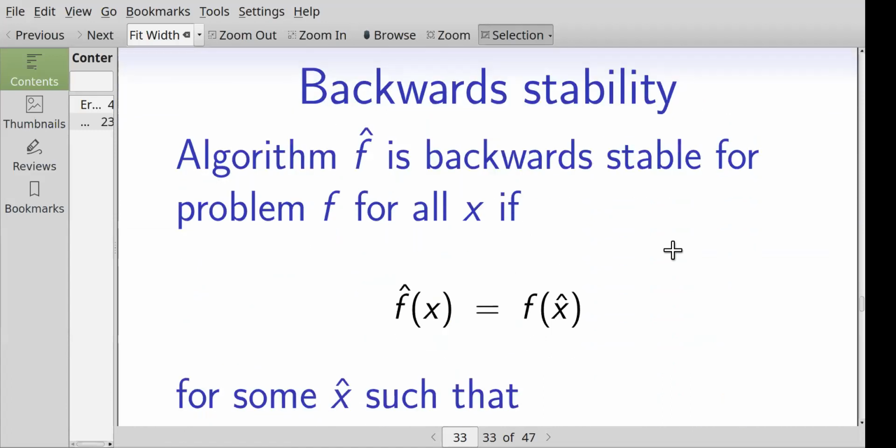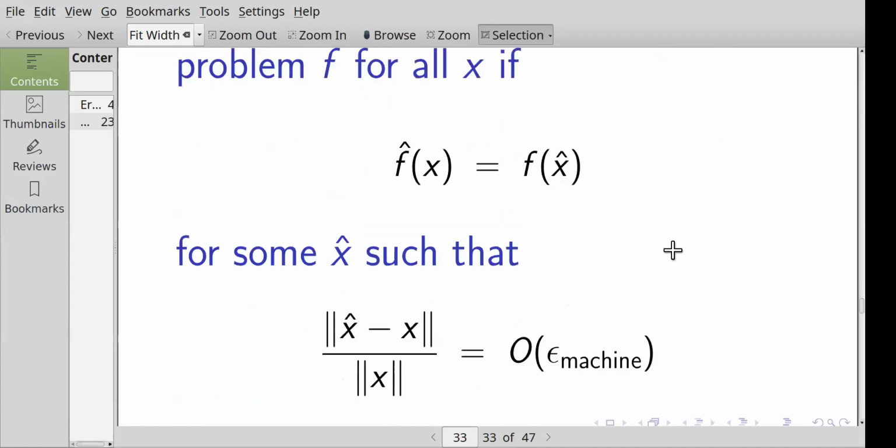There's also a terminology, backward stability. It means that if I put the exact number into the algorithm, or if I put the approximated number into the perfect mathematical expression for f, and the results are the same or almost the same, for x's such that the relative error on x is on the order of the machine epsilon, right?